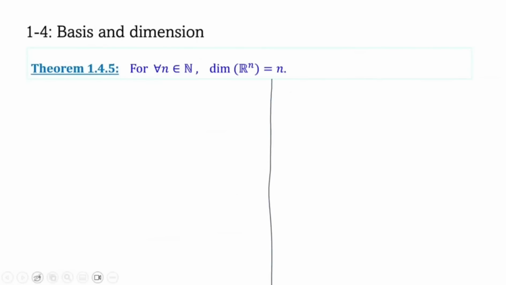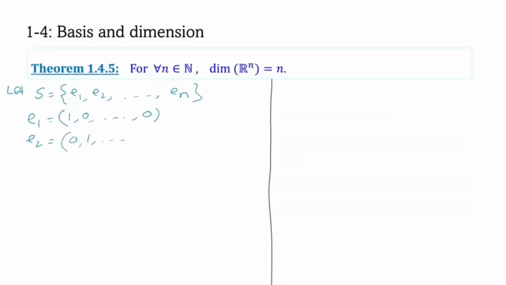To show that, we take a set S equal to {e1, e2, ..., en}, where e1 is defined as (1, 0, ..., 0), e2 is defined as (0, 1, ..., 0), and en is defined as (0, 0, ..., 1).